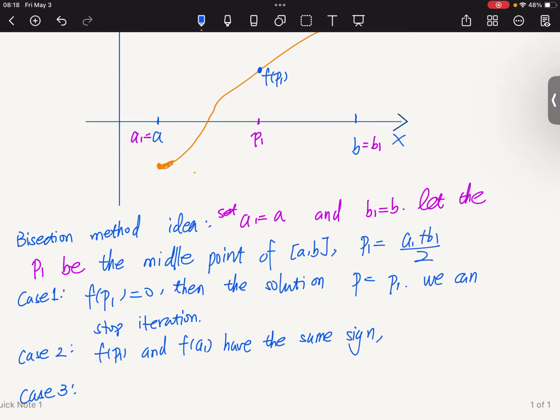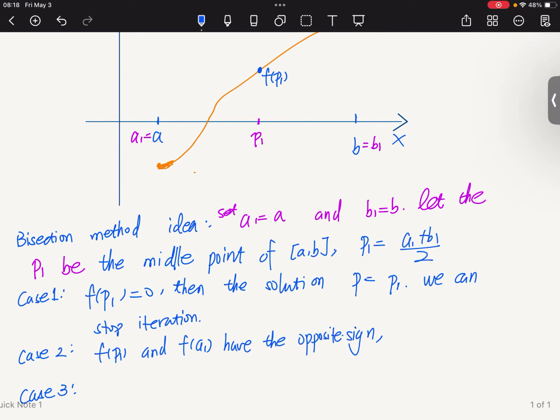then if this happens, and then which means that if we take a look at here, we are not going to say have the same sign. We are going to focus on having the opposite sign.